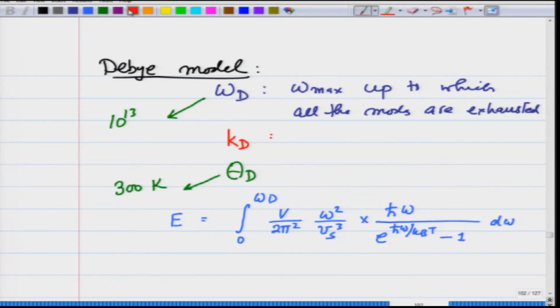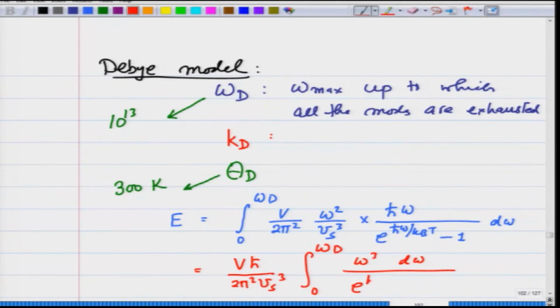So, which I can collect different terms and write as V h cross over 2 pi square v s cubed integral 0 to omega d omega cubed d omega over e raised to h cross omega over k b T minus 1. That is the expression.